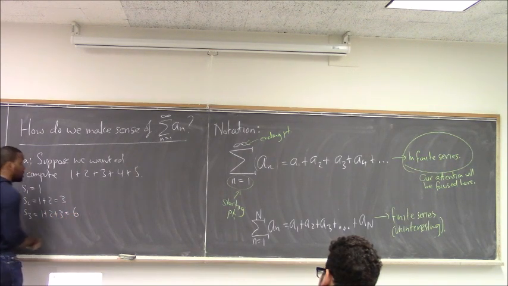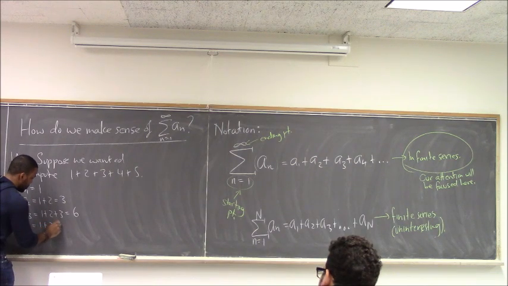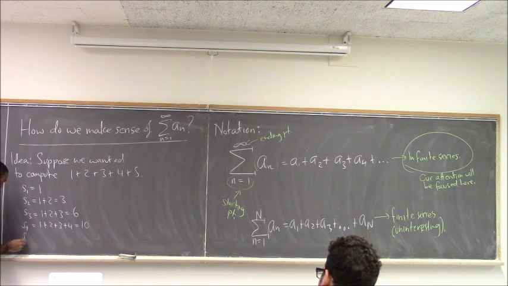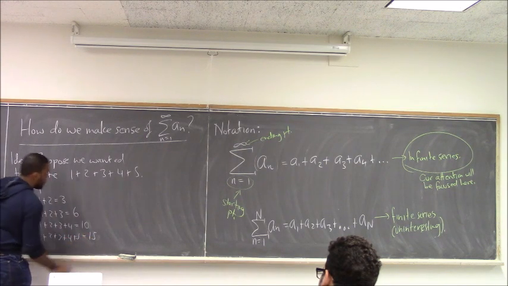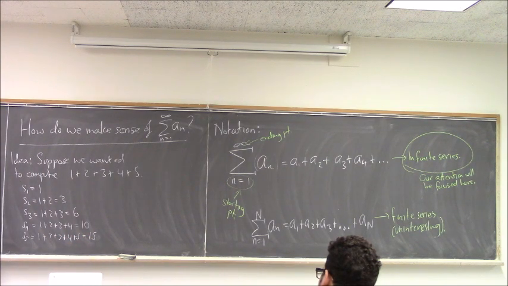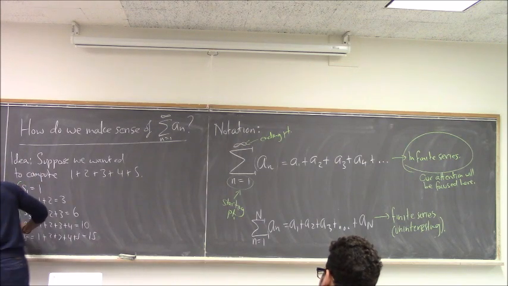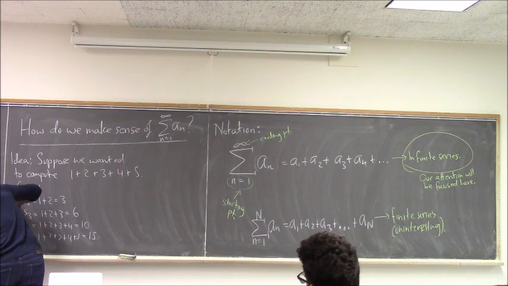That adds up to 6, and then you go to the sum of the first 4, 1 plus 2 plus 3 plus 4, and that adds up to 10, and then the sum of the first 5, 1 plus 2 plus 3 plus 4 plus 5, and you get 15, right? So these guys are called partial sums. P-A-R-T-I-A-L sums.